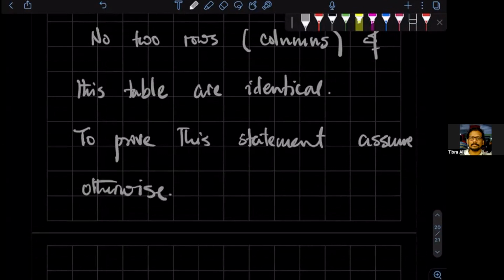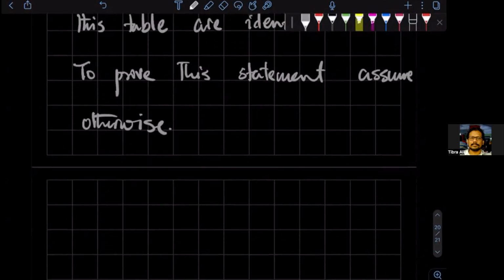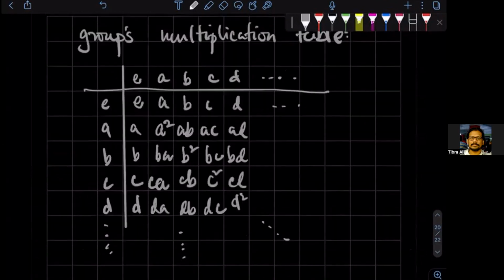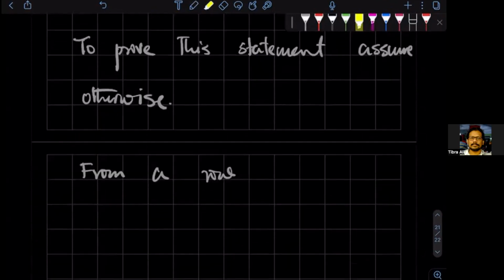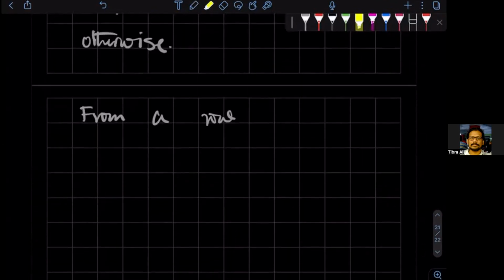So for example, say from the A row. Which is the A row? The A row is this one, right? This is the A row, okay? So from the A row, let us choose two elements which are supposed to be identical.